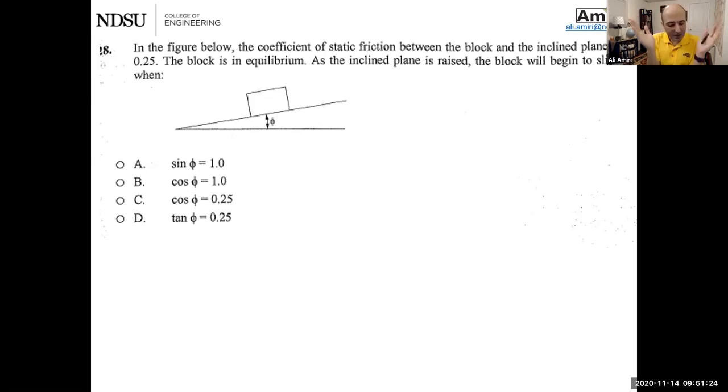At some point, that block is going to start to slide down. So before I solve this for you, you've got to draw a free body diagram and use the two equations that we have, or three. Before doing that, can you just look and guess which answer it's going to be? Because sometimes in these problems, you don't have to solve it.